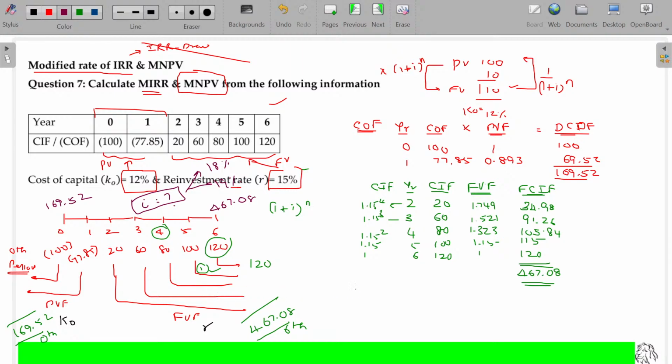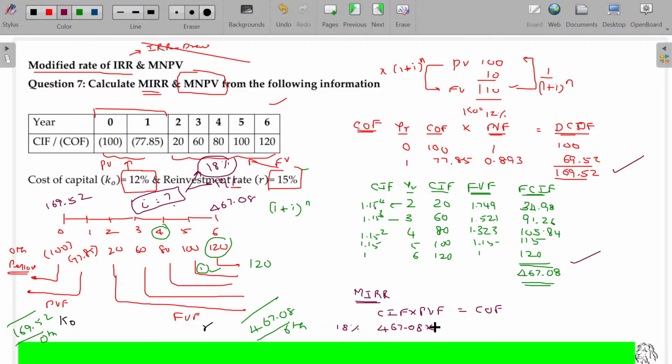So as per the MIRR rate, cash inflow multiplied with the PV factor should be equal to cash outflow. This will be considered as cash outflow. This will be considered as cash inflow. Then you can use the other way here. Cash inflow in this case being 467.08 times PV factor. Can I take at 18%? So I assume 18%.